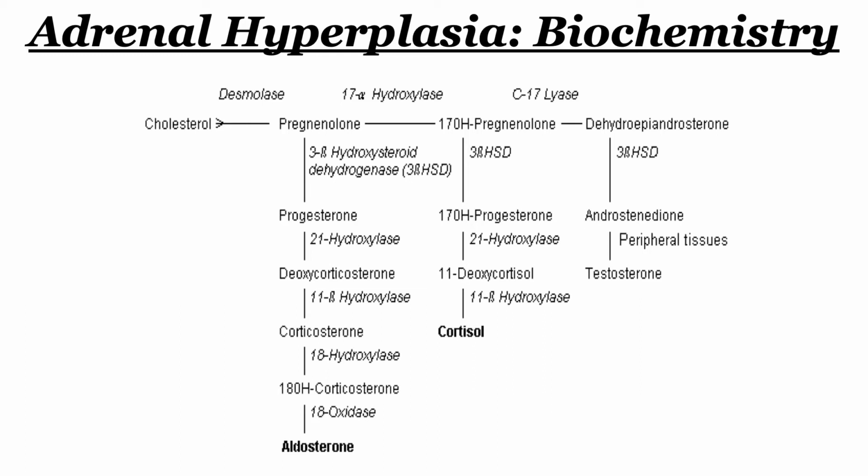Now let's go deeper into the biochemistry of congenital adrenal hyperplasia. What I'm showing you here is an alternative view. Here's desmolase, 17 alpha hydroxylase, C17 lyase. Cholesterol is converted eventually to dihydroepiandrosterone through pregnenolone and 17-hydroxypregnenolone.